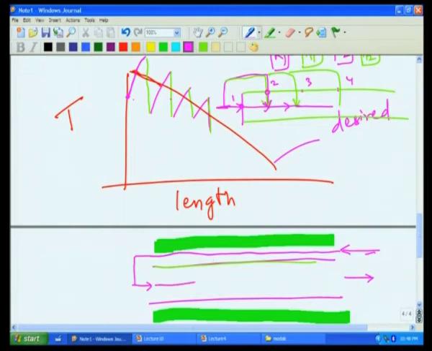Now, what happens as they go through this shell? Eventually, as the reaction proceeds along this line, what will happen?